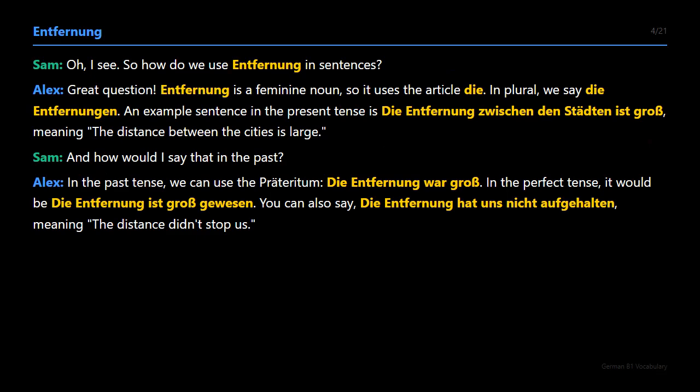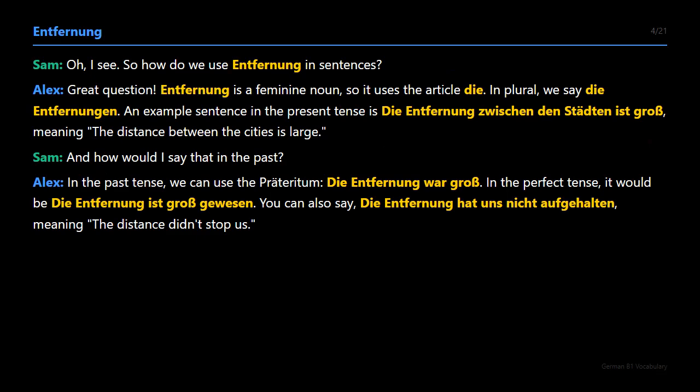An example sentence in the present tense is Die Entfernung zwischen den Städten ist groß, meaning the distance between the cities is large. And how would I say that in the past? In the past tense, we can use the Präteritum.